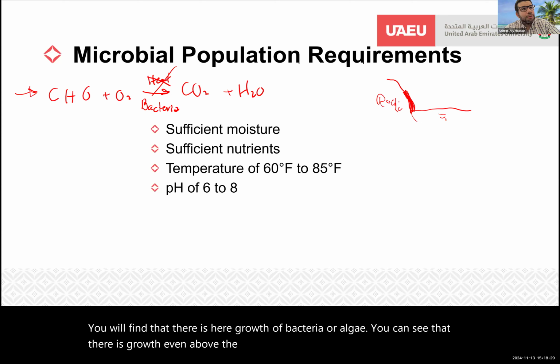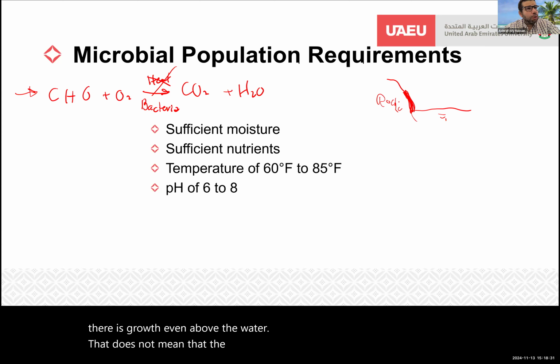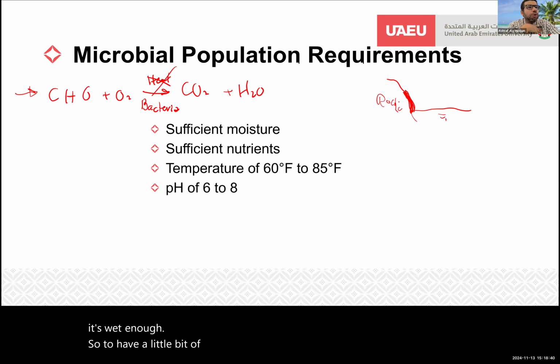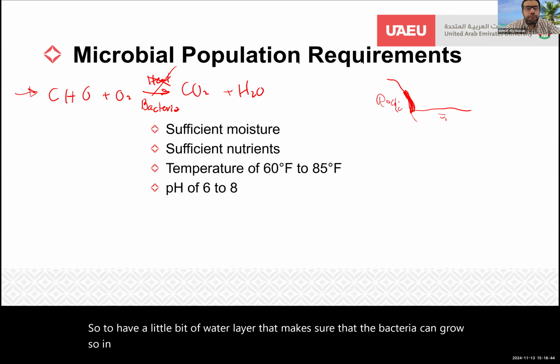That does not mean that the bacteria can live outside of water, but it means it's wet enough so to have a little bit of water layer that makes sure that the bacteria can go. So in this type of reactors, we need to have sufficient moisture, this water, very thin water layer.